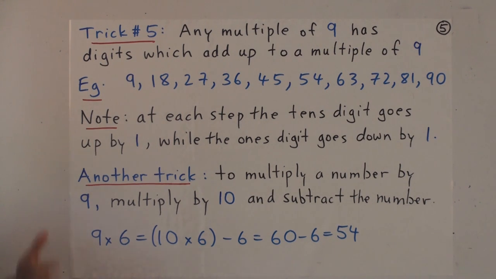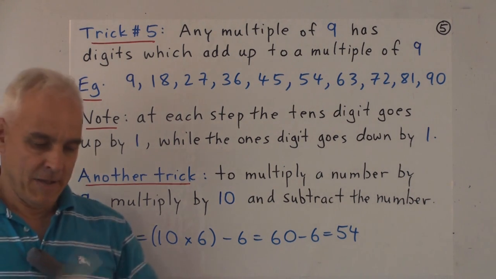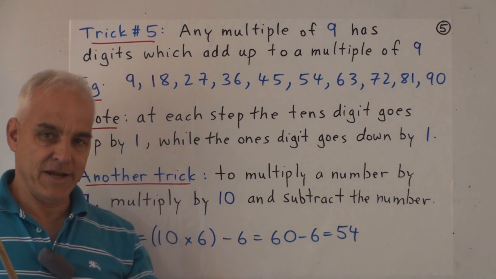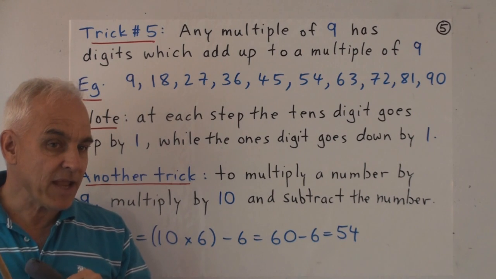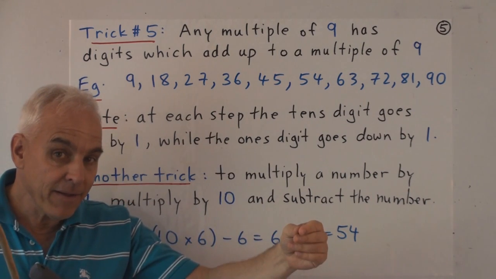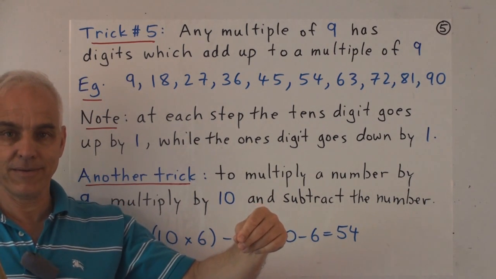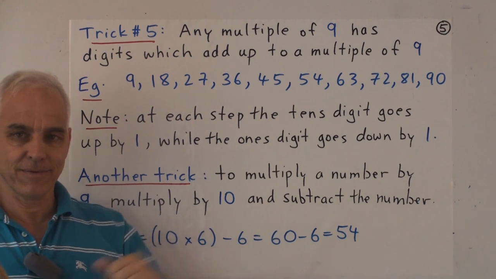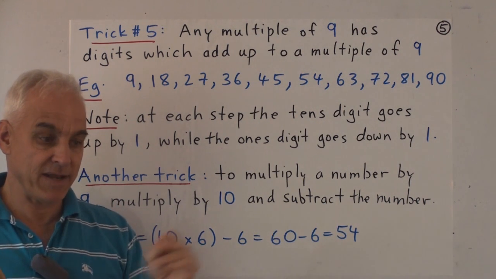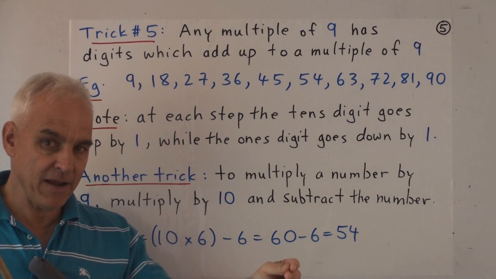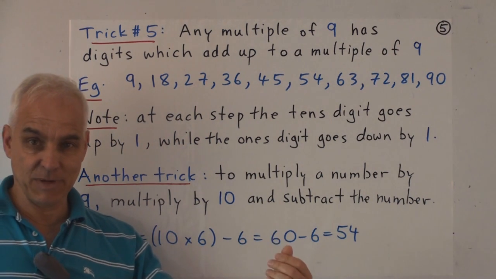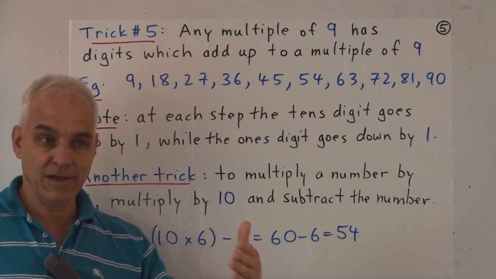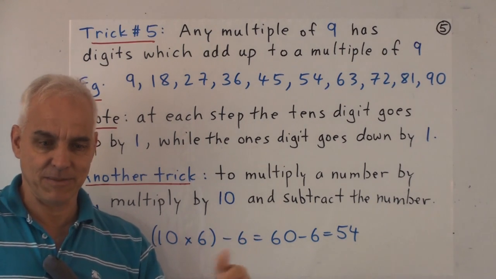And another way of seeing why that's true is when we add 9 to a number, it's really the same thing as adding 10 and then subtracting 1. So it's useful to remember that 9 is 10 minus 1. The reason why it's useful to relate it to 10 is because 10 is very fundamental in our number system.